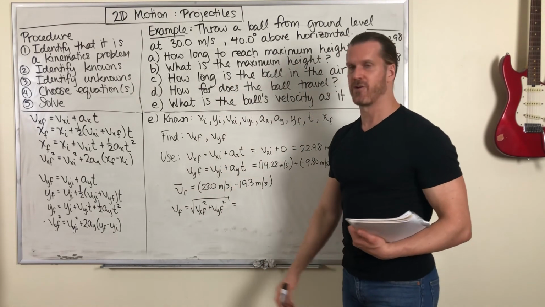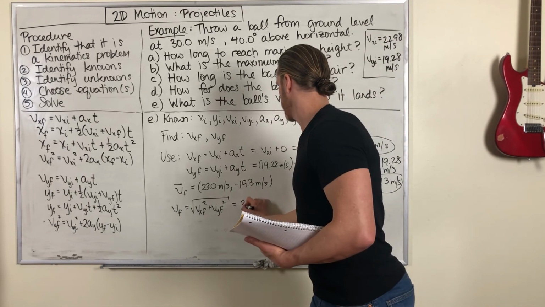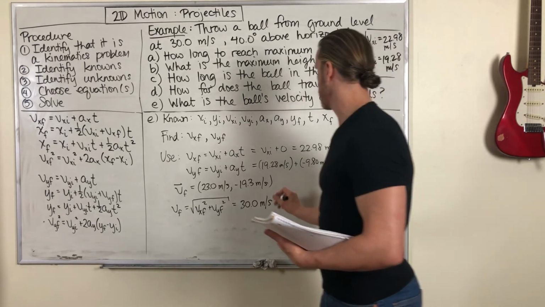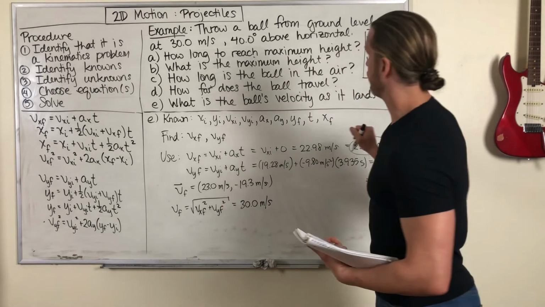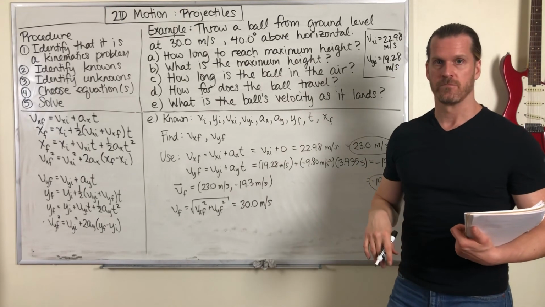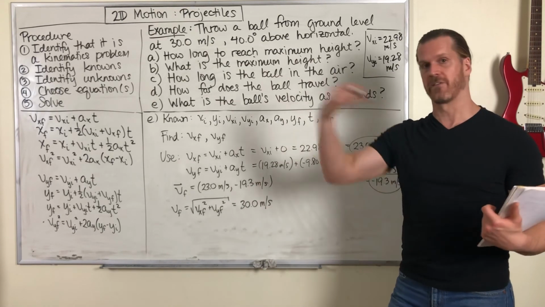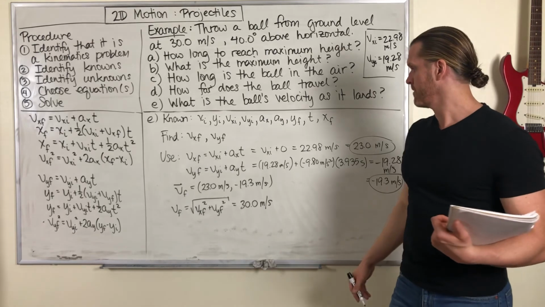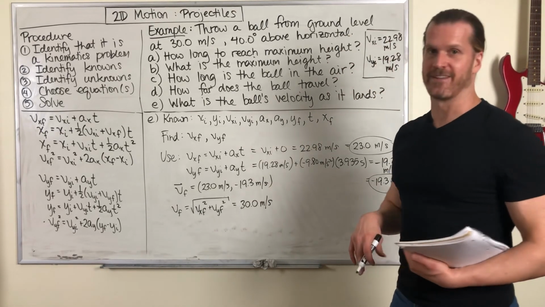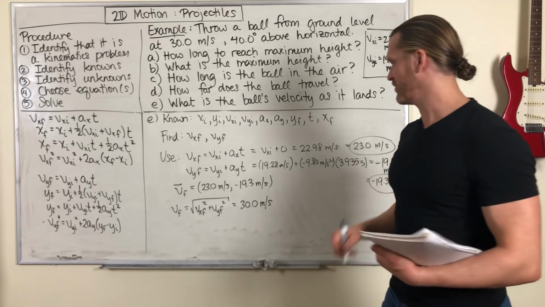When you plug in these numbers, guess what? It gives you 30 meters per second, which is the speed that we started with. Again, this motion is symmetrical. It lands with the same speed. It doesn't land with the same angle though, but it lands with a related angle.